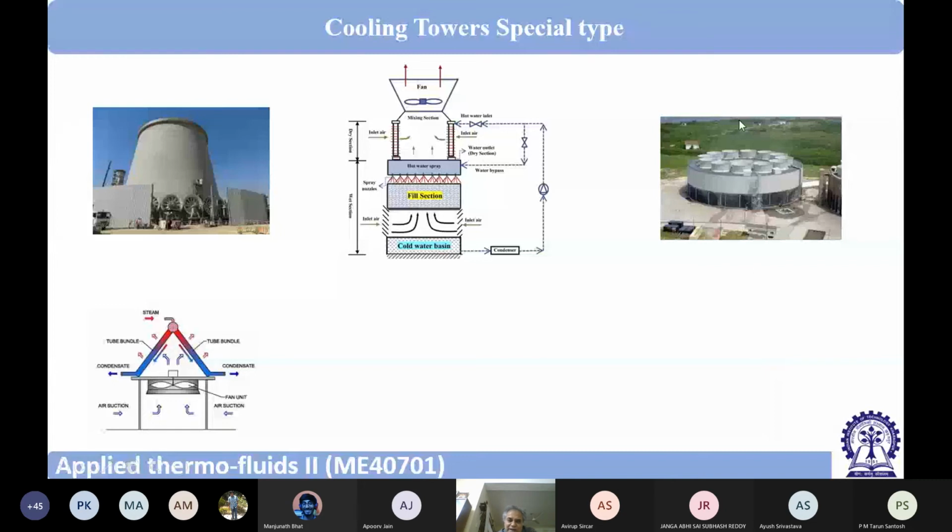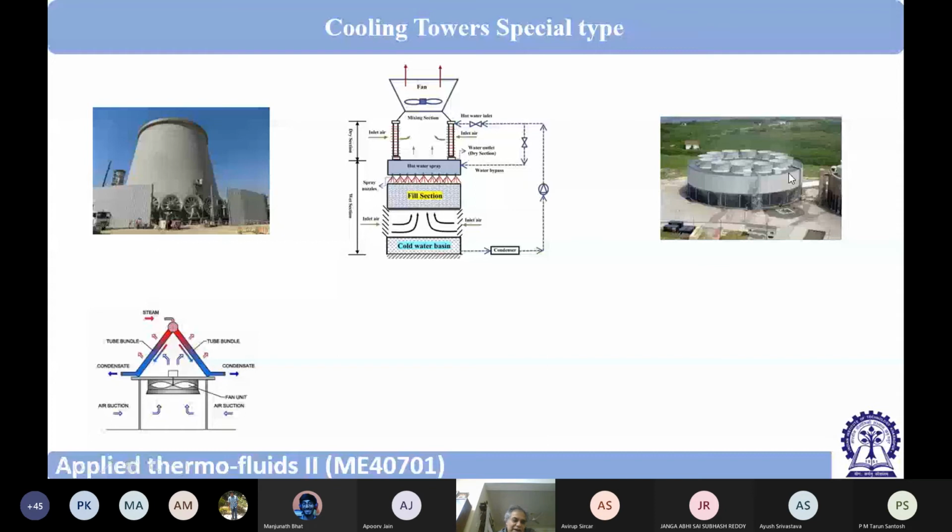This plume will not make any kind of short circuit. Without any interruption, it will go up. Also its footprint will be small, and the water pipeline will be small. Though not many people have adopted this kind of design, it has several advantages when we go for large scale.